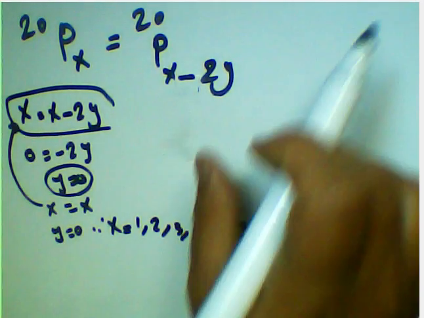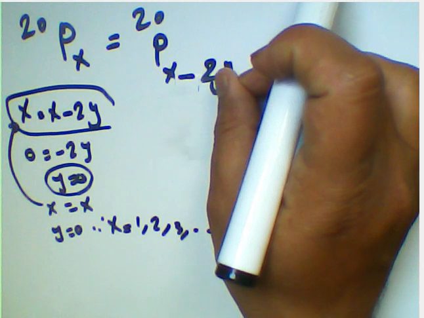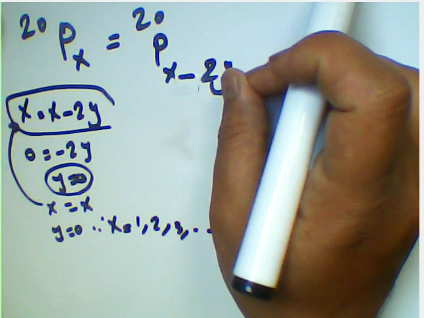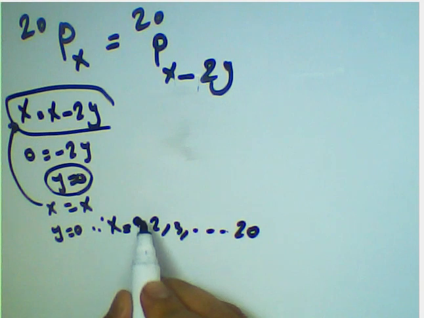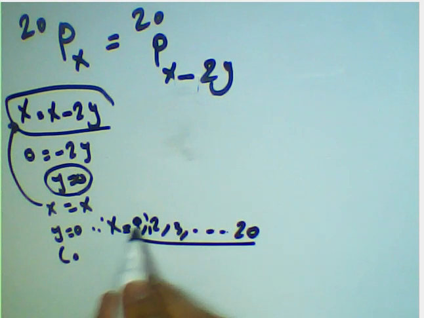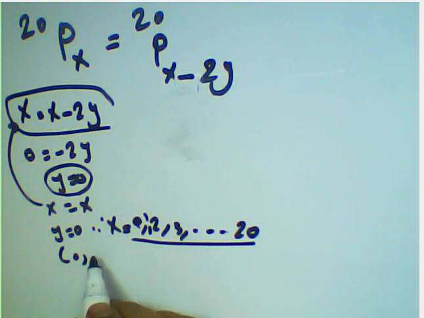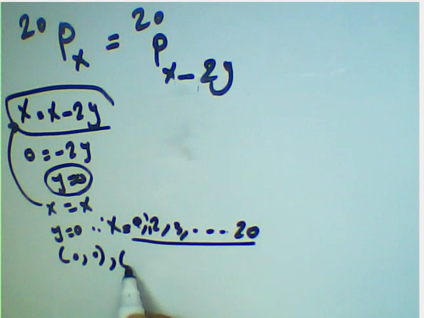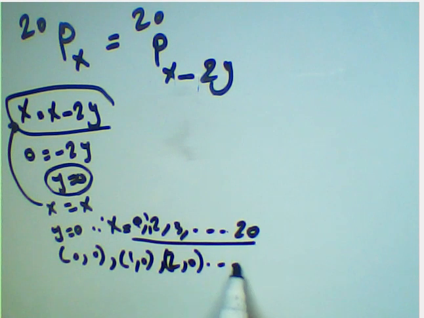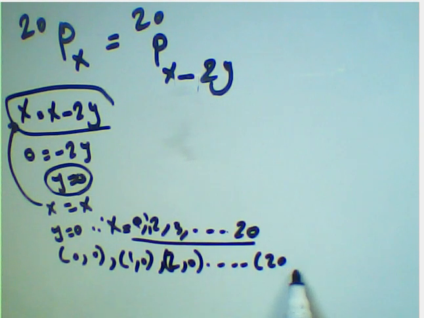Okay, if y equals 0 here, x will be from 0 to 20. We have 0 and 1 and 2 and 3 and so on. So we have 0 and 0, it's the first solution, or 1 and 0 and 2 and 0 and so on to get 20 and 0.